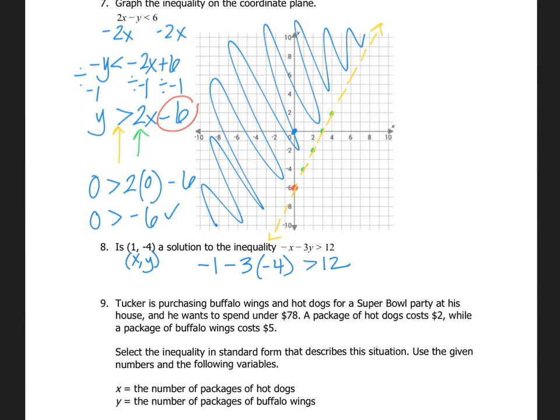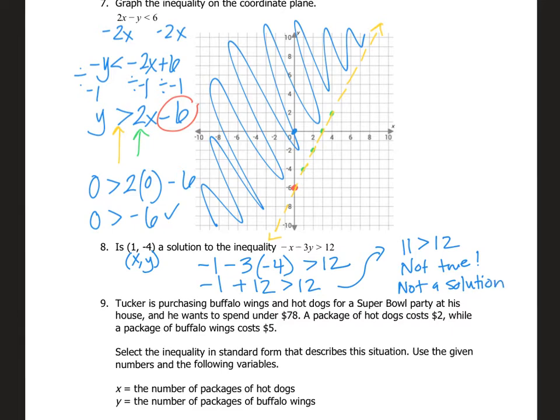So first we need to do the -3 times the -4, which gives us a +12. So we have -1 plus 12 is greater than 12. So -1 plus 12 would give us +11. And so this says +11 is greater than 12. That is not true. So this is not a solution.